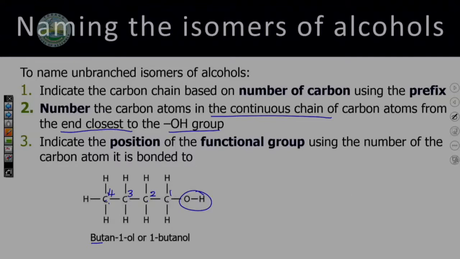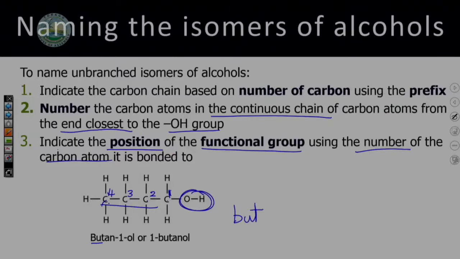There's a reason why we did this. Now next we said indicate the position of the functional group using the number of the carbon atom it's bonded to. What carbon atom is this OH group bonded to? It's bonded to the first carbon. So this is how we get the name butan-1-ol. Because we have 4 carbons, we call it but.